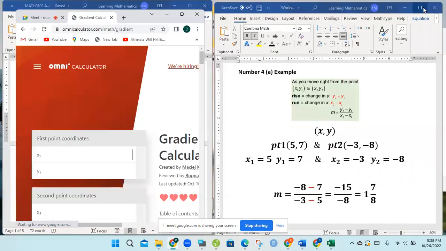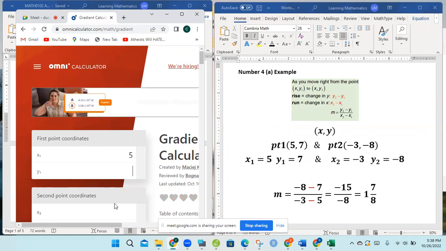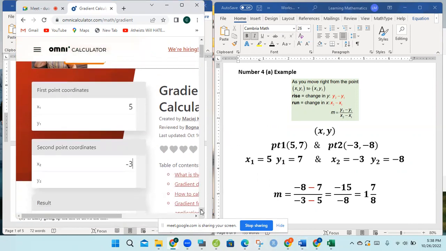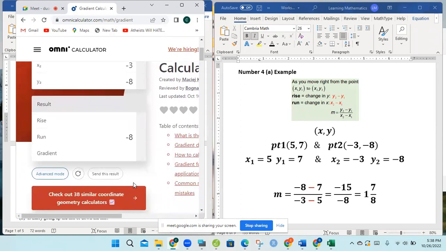Let's verify our answer. X1, we put 5 as X1, and we put 7 as Y1. X2, we put -3 as X2, and Y2 now is -8. And what's the result? Gradient. What's the gradient?